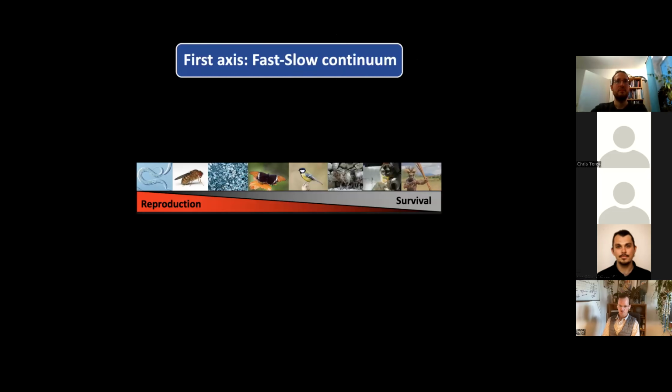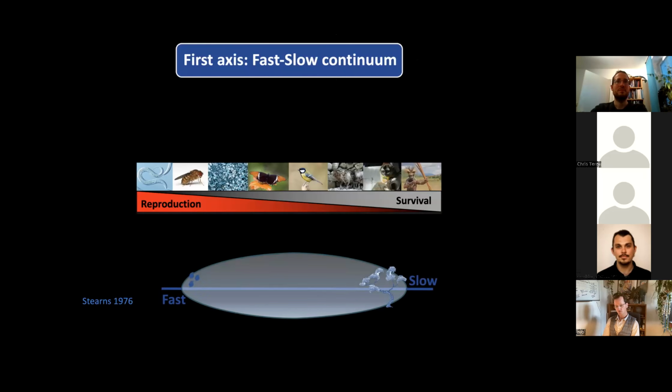Now, let me take you back to perhaps one of the most widely cited tenets of life history theory, and that is the fast-slow continuum, which was first put forward by Steve Stearns in the 70s. The fast-slow continuum emerged as a critique of r-K theory. The main critique was that r-K theory was not really providing a mechanistic understanding of how species were evolving or were selected to optimize either r, the intrinsic rate of growth, or K, the carrying capacity.